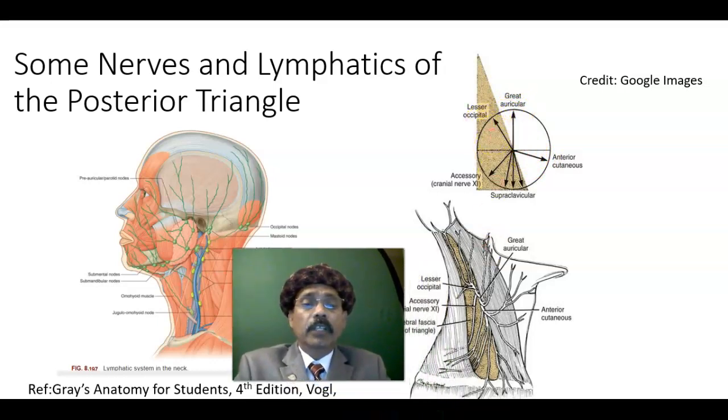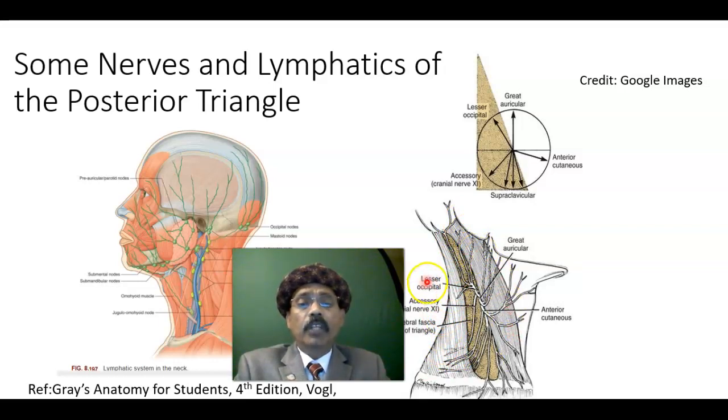If you look at that, we have the great auricular nerve and the anterior cutaneous nerve. These are also called the transverse cervical nerve, and we have the accessory nerve that provides motor innervation to the trapezius muscle and the sternomastoid muscle.